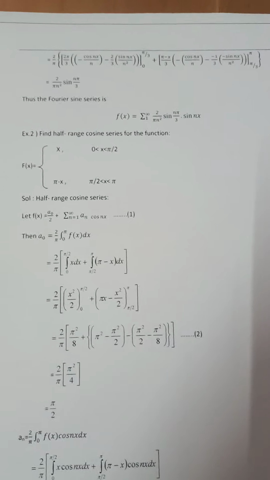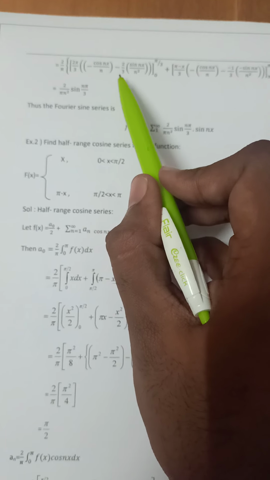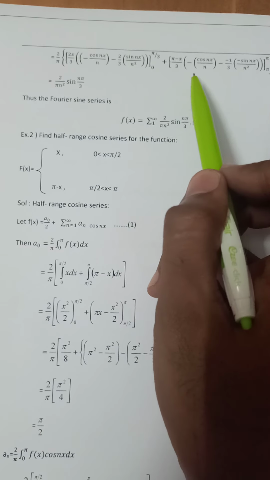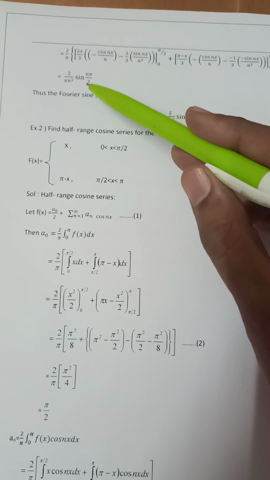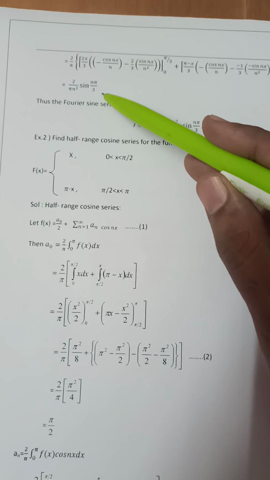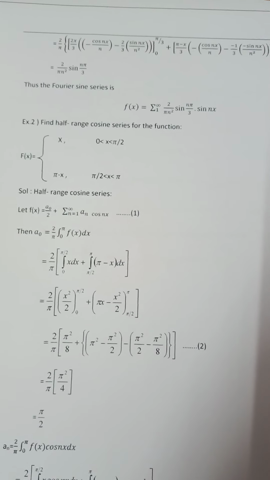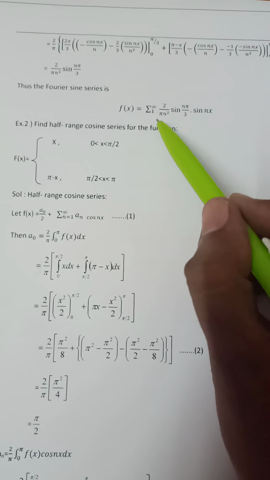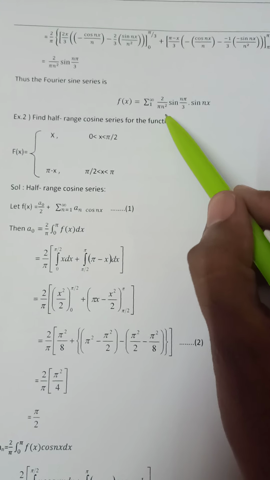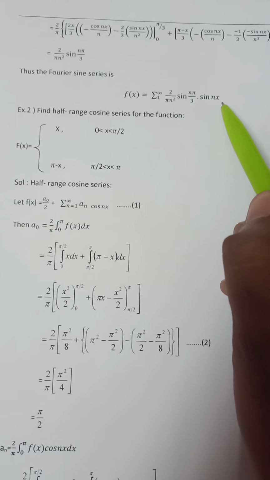Now just integrate the terms, using integration by parts. On integrating and after putting the limits, you will get the answer as 2 upon n square pi times sine of n pi by 3. Thus the Fourier series of f of x is given by summation 2 upon pi n square sine of n pi by 3 into sine of nx.